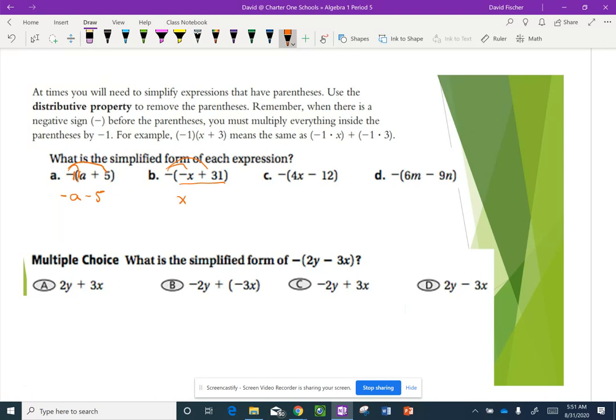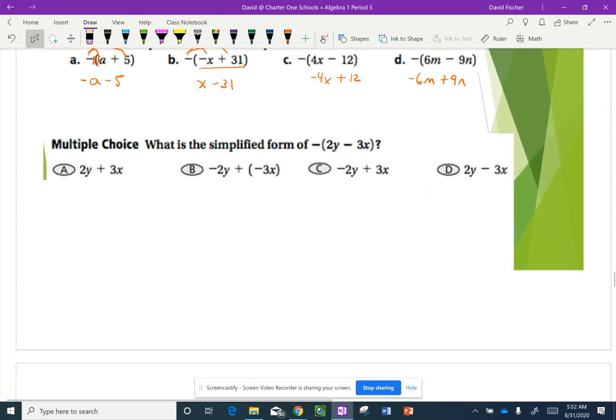This was a +31, so now it becomes a -31. A negative times a positive is a negative. Negative times negative is positive. So to speed your math up, I would practice just taking the opposite of everything that's inside the parentheses. And that's how that's done.